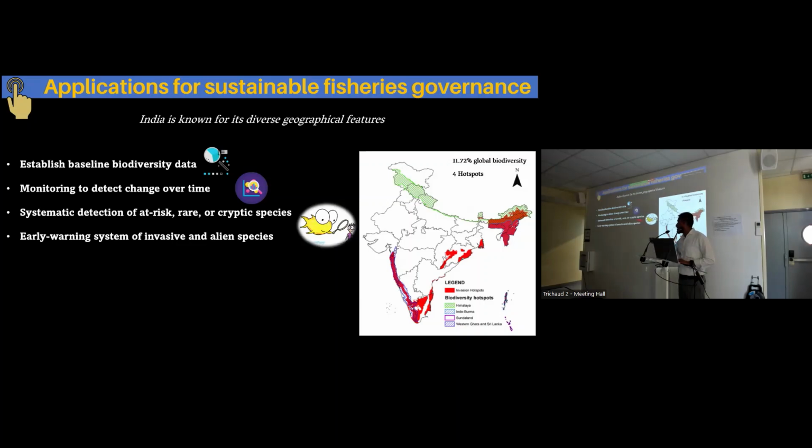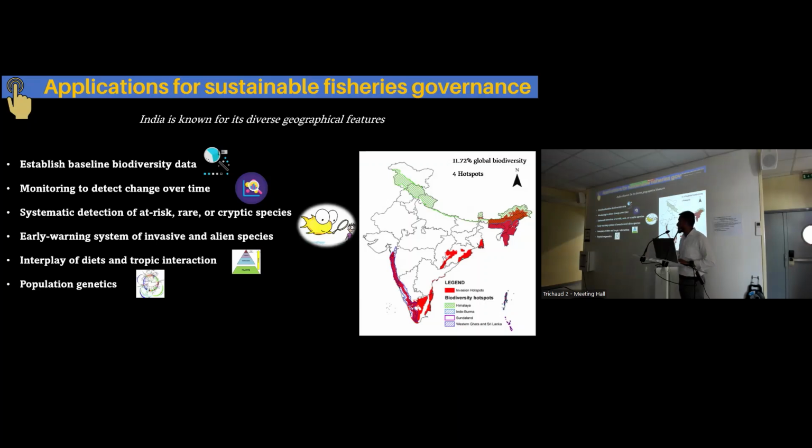This application can also be used in aquaculture, specifically for early identification of pathogens in cage culture or biofloc or anywhere. eDNA also sheds light on diets and trophic interactions in ecosystems. If eDNA is combined with genetics, we can get genetic diversity also.